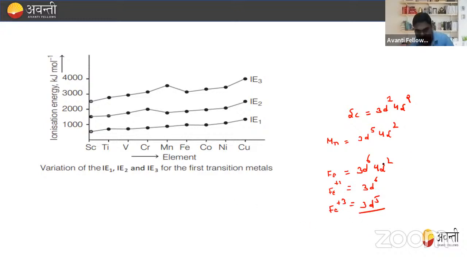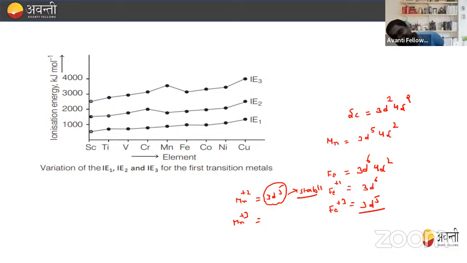Similarly in the case of Mn, if two electrons are emitted, it will become 3d5. So for removal of the third electron, you have to remove an electron from the stable electronic configuration. Obviously, a high amount of ionization energy is required to remove an electron which is already in the stable form.